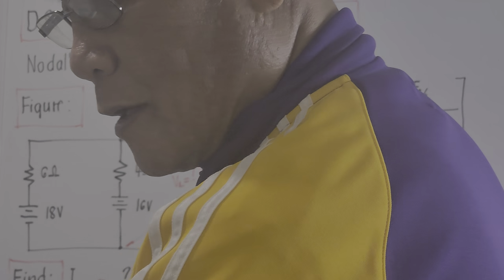We will be using our knowledge of the so-called series-parallel combination. Before we could compute the voltage across this, we must first compute the total current emanating from the 18 volts. To compute the current delivered by this 18 volts, if this 16 volts is shorted, we will use the series-parallel.